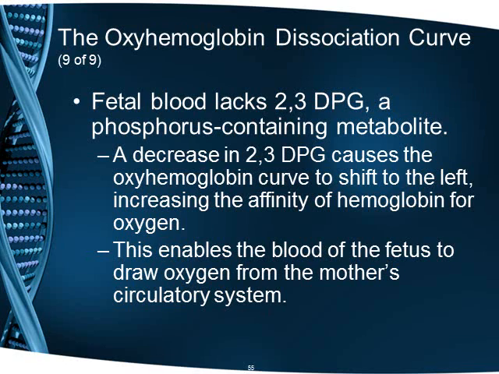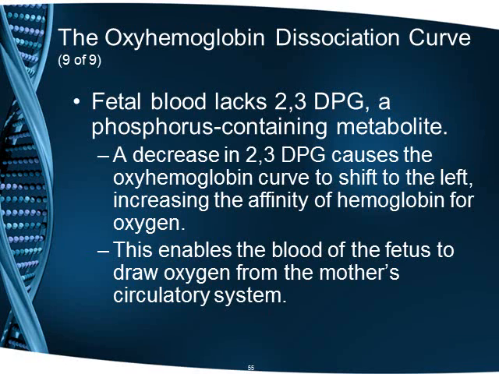So a patient that has a decrease in 2,3-DPG causes oxyhemoglobin to shift to the left, increasing the hemoglobin affinity to oxygen. This is what allows a fetus to draw oxygen from the mother's circulatory system. So again, we're going to hold on to it.